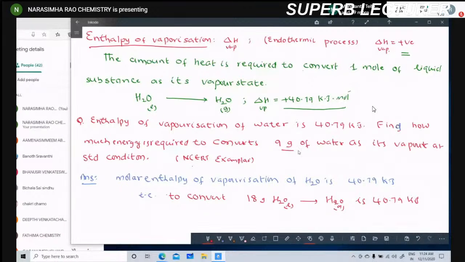The question is asking about 9 grams. So 9 grams is how much? Cross multiplication: 40.79 upon 18 into 9 is equal to 20.395 kilojoules. It's clear, children? Clear, sir.